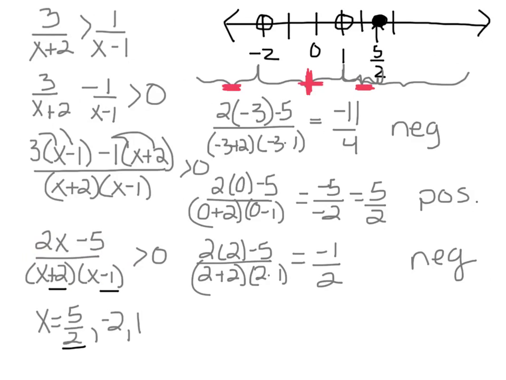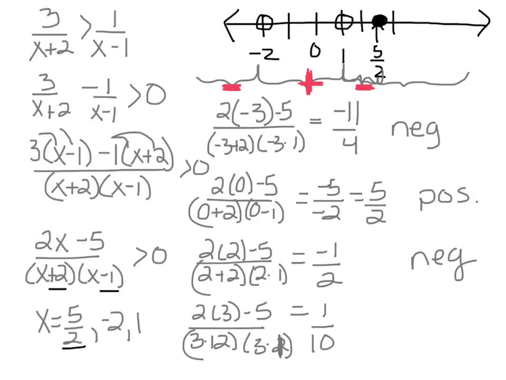And then something greater than 5/2, like 3. 2 times 3 minus 5 is 1, over 3 plus 2 is 5 times 3 minus 1 is 2, so 2 times 5 is 10. But it doesn't really matter what it is. We know it's positive. And so that interval is positive.